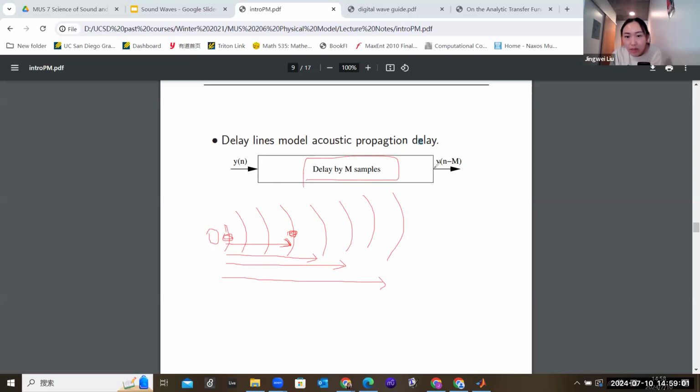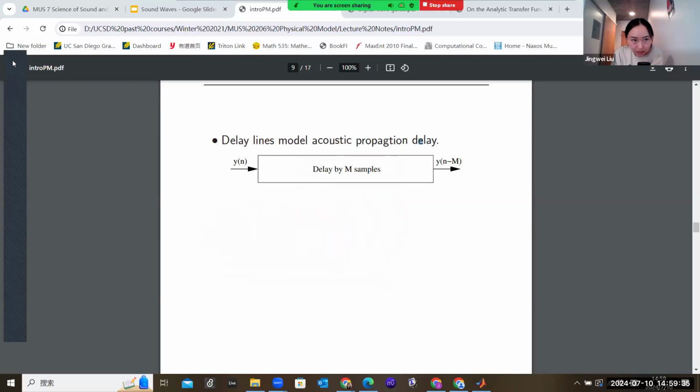Delay line means it's delayed by m samples, so let's sample this distance. Let's say this is m. If this is y[n], then when it travels over m samples, this is y[n minus m]. So this is modeled by this thing called delay line.